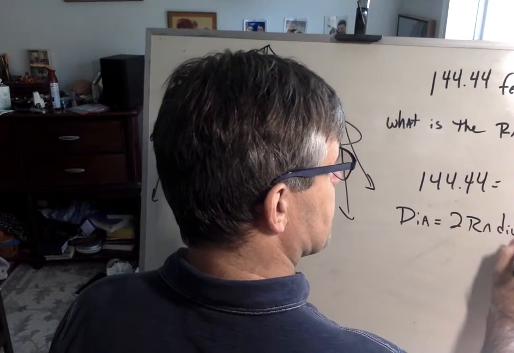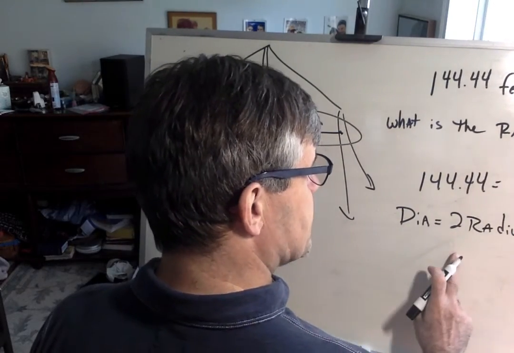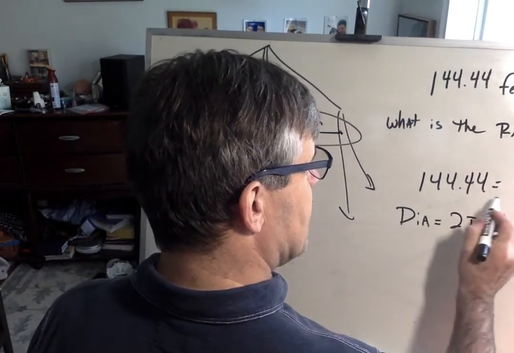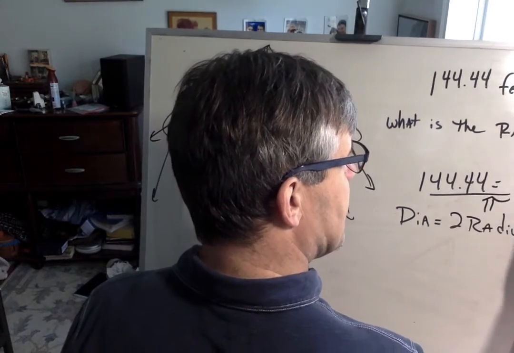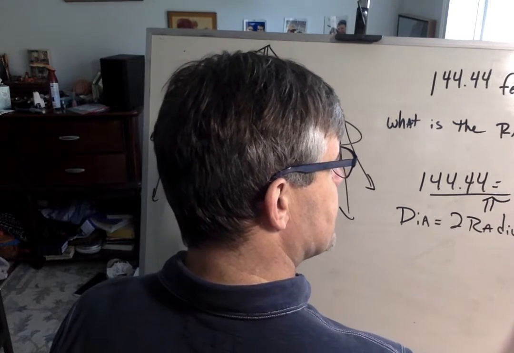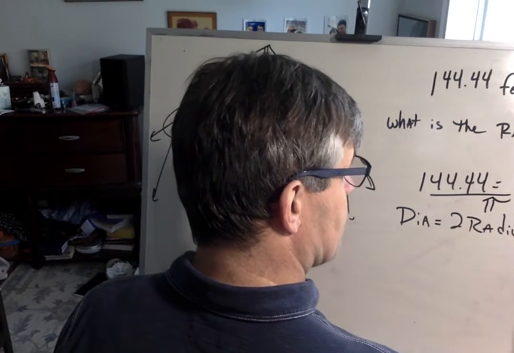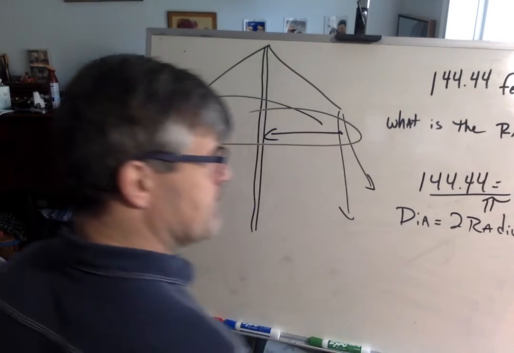And we kind of just did this in the other problem. Diameter equals 2 radiuses. I want to find out what 1 radius is, okay? So if I divide this by pi, that will give me my diameter. And then I'm going to have to divide this by 2 to get my radius. Okay?